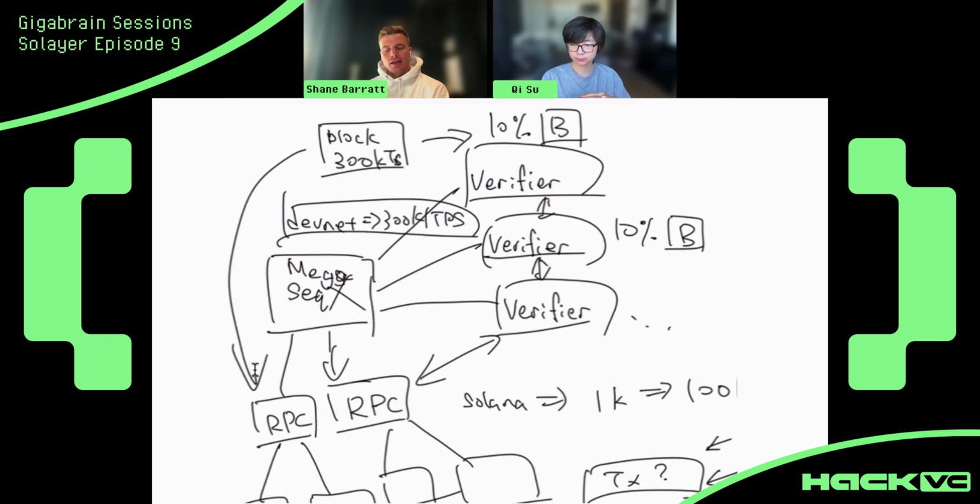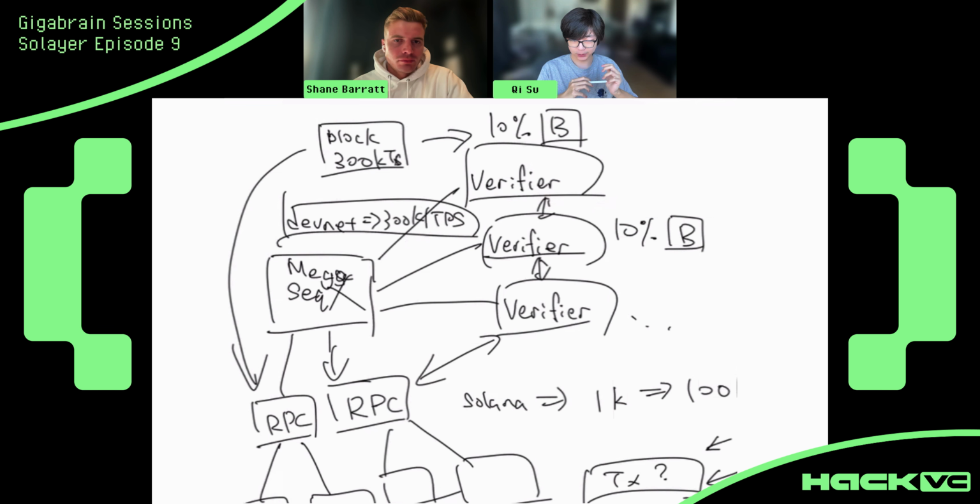Okay. Do you have any concluding thoughts about Solayer and where you guys are headed, what you're excited about? Yeah. Basically, we're pretty excited to see what people can do on our chain with this high TPS.